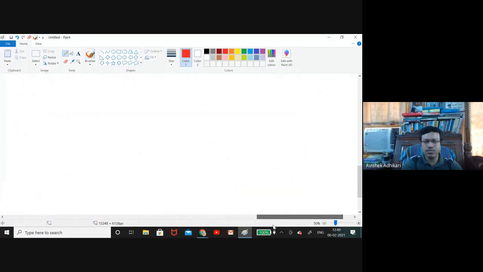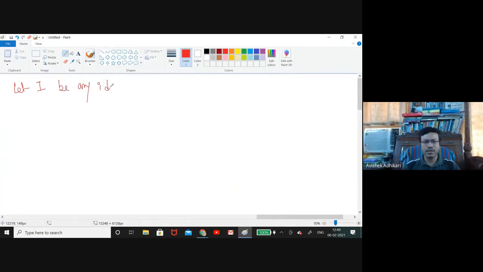Let I be any left ideal of R containing S. To show: L is a subset of I.